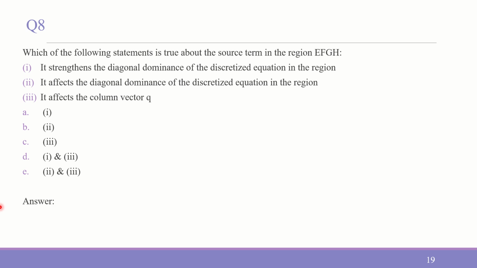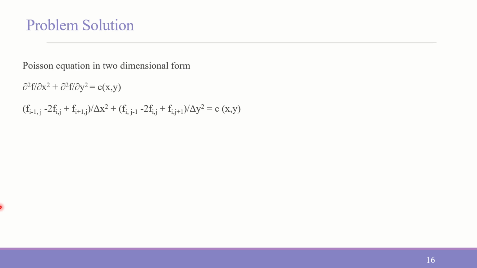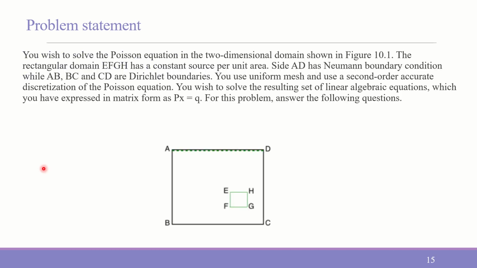The answer is option C, because if we go back and look at the problem statement, we will understand it more clearly. You wish to solve the Poisson equation in the two-dimensional domain shown in figure 10.1, wherein the rectangular domain EFGH has a constant source per unit area.